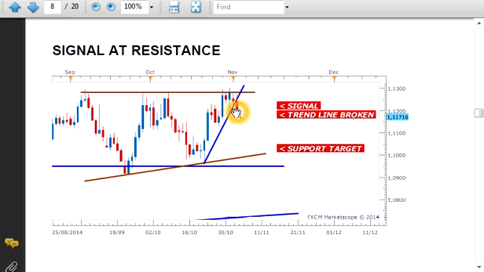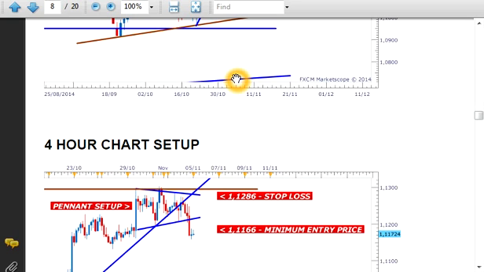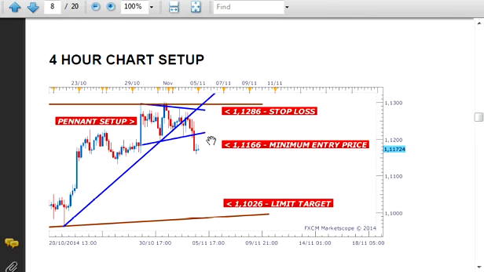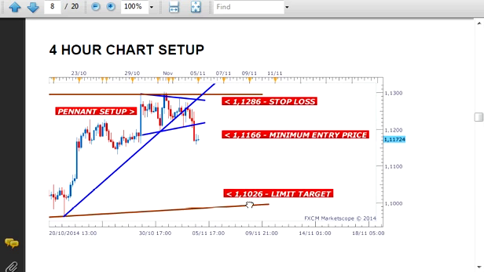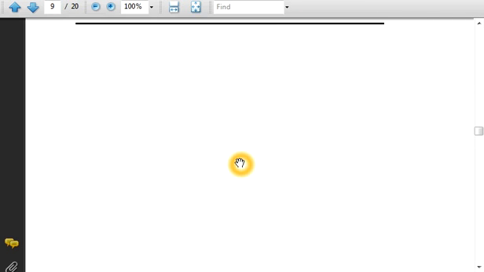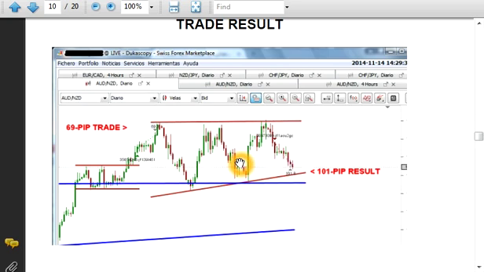When a signal appeared at the resistance boundary and below this uptrend line to indicate that we were going to be headed back to support, I entered accordingly based on what I'd seen on the 4-hour chart, which had a pattern and a setup that was in sync with the methodology. I entered short, and after a couple of days, the market went to the support boundary, and I was able to capture this 101 pip trading result.